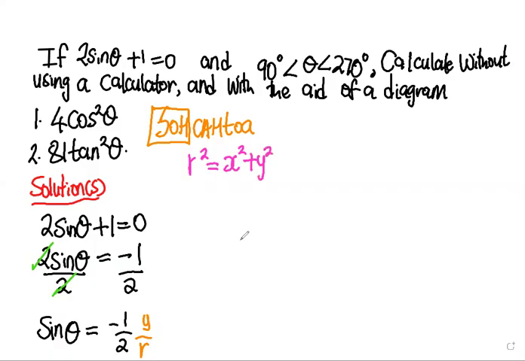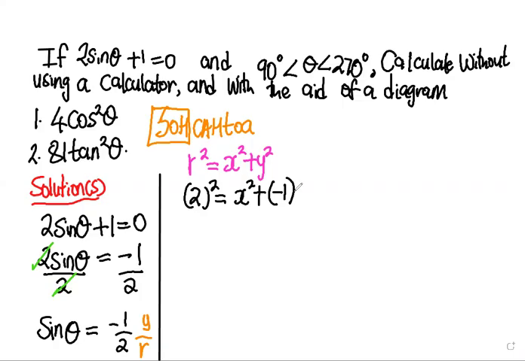And then when you arrive here, it's a matter of you now substituting. So the value of r, as you can see here, the value of r, we are given what? We are given 2. So that will be 2 squared equals, and then the value of x, we are looking for x, so that will be x squared plus, then the value of y, it will be negative 1.